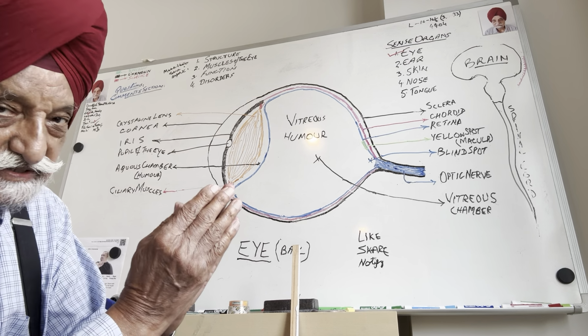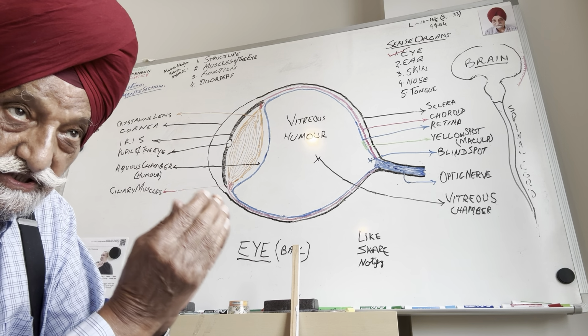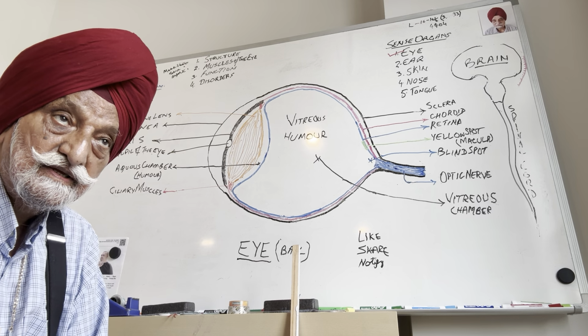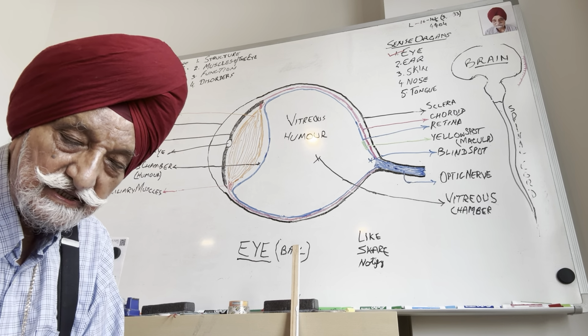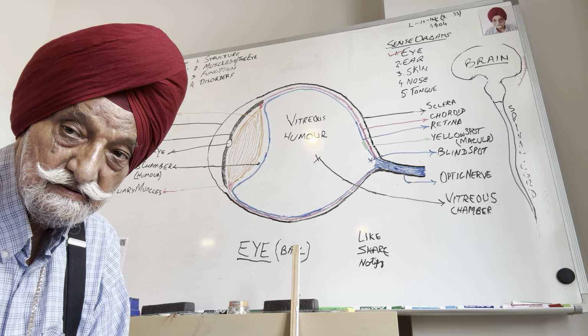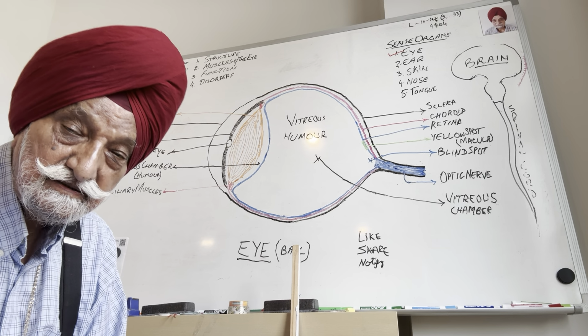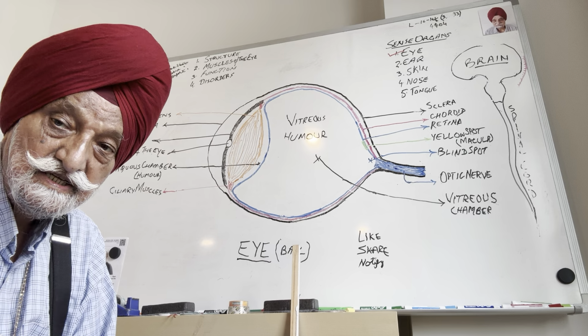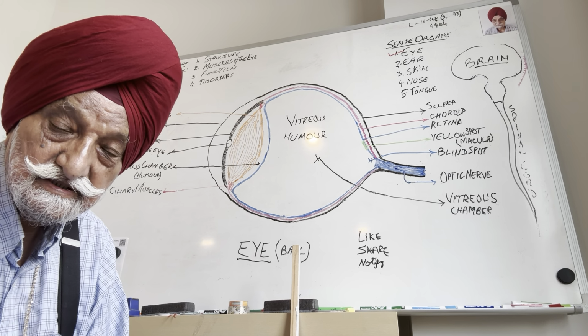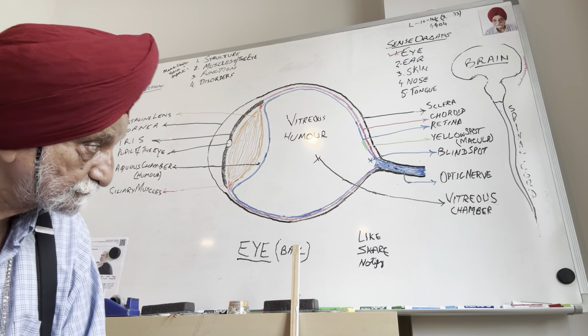That means they can make the eye like that. This also helps the eye in power of accommodation. That means the ability to make the images of the objects at a distance and the images of the objects which are close up.